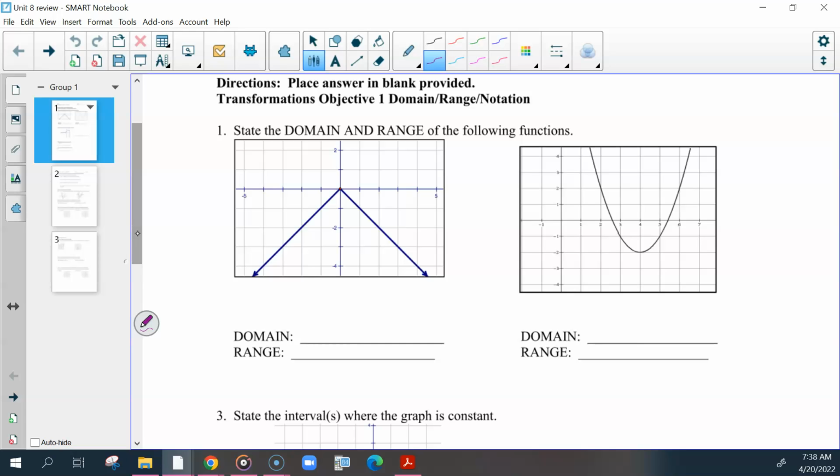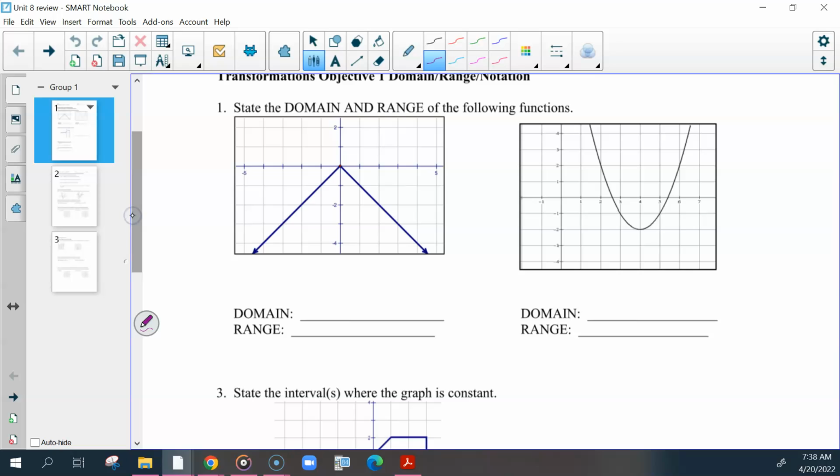For the domain and range, remember we talked about that a while ago, but this is your first objective for this unit. Domain is all of your x values, range is all of your y values. So for your domain, this has arrows. So that means there are no stopping or starting points.